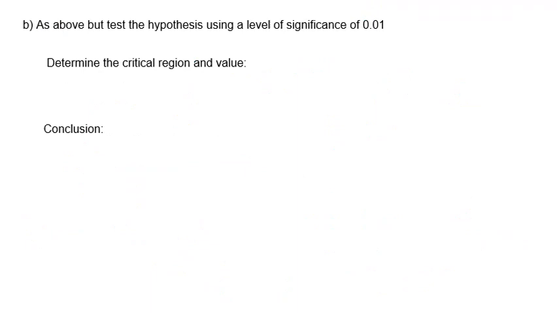But then we find out that there's a part B to problem number 3. And part B is the same test, but using a different level of significance. So the only thing that changes here is the critical point, the point that separates the rejection region from the non-rejection region.